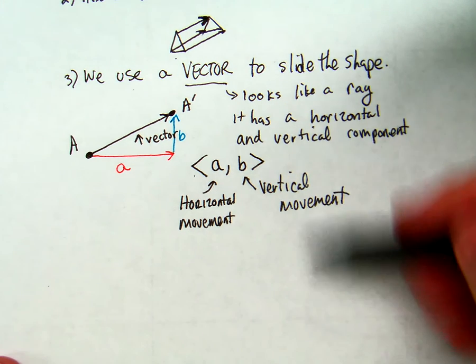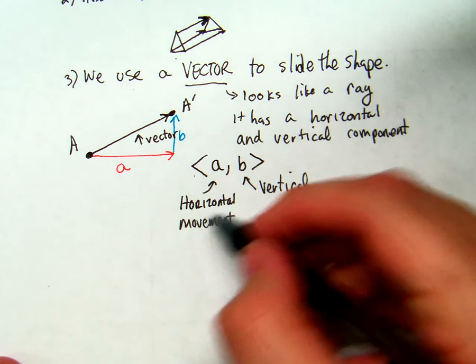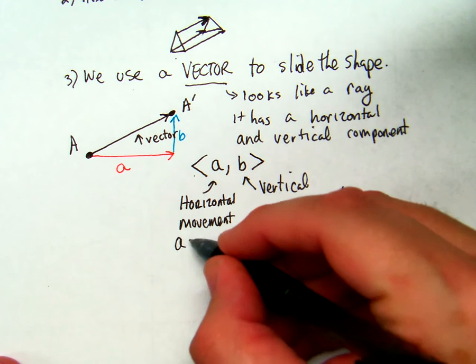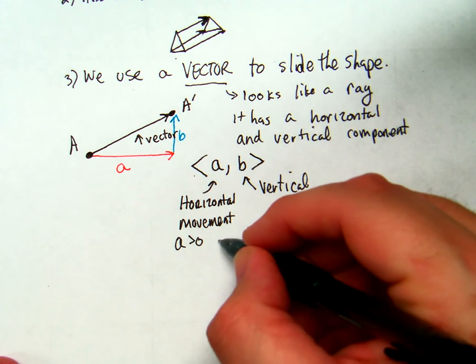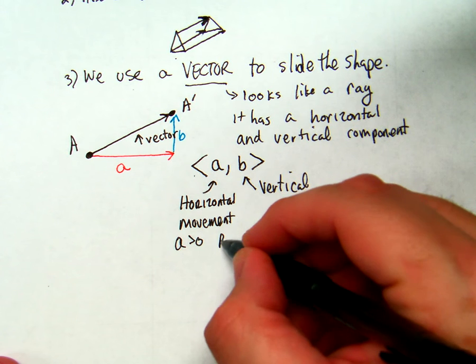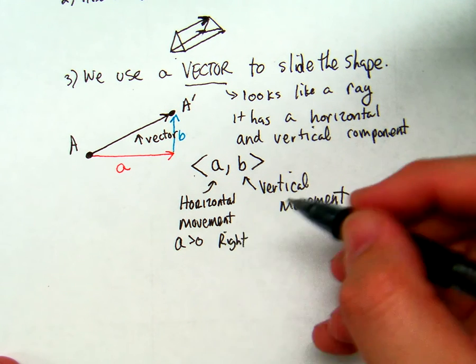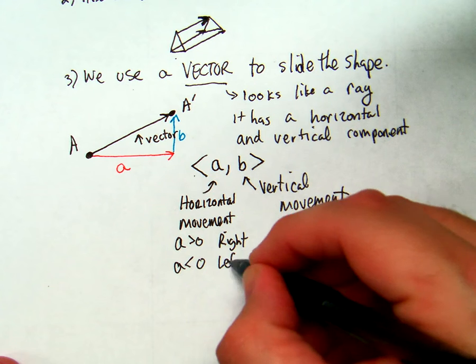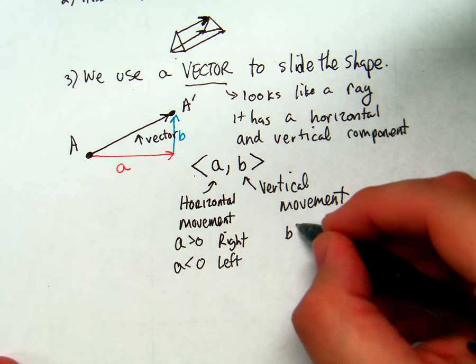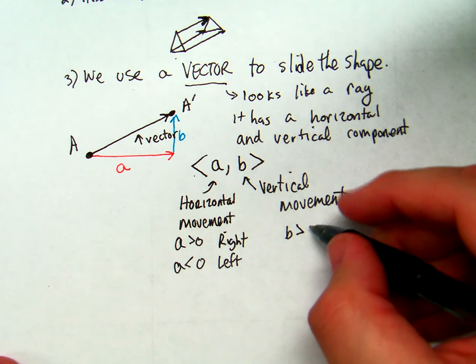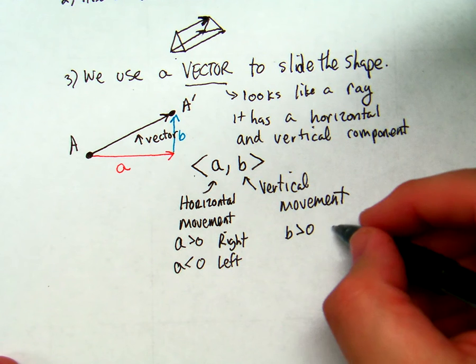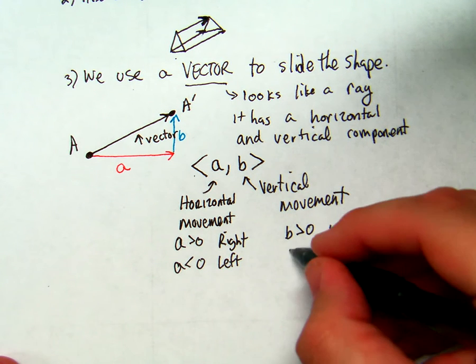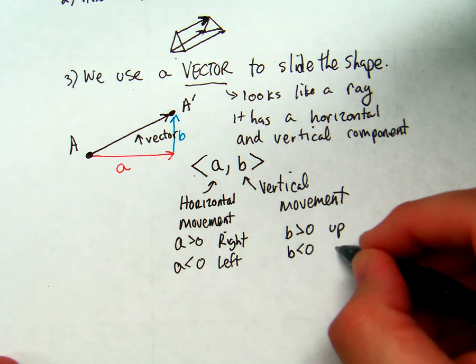If A is positive, if A is greater than 0, we're going to move right. If A is less than 0, we're going to move left. If B is greater than 0, we're going to go up. If B is less than 0, we're going to go down.